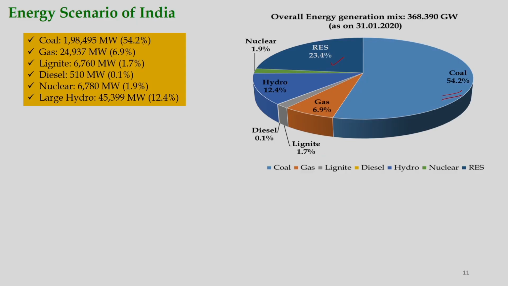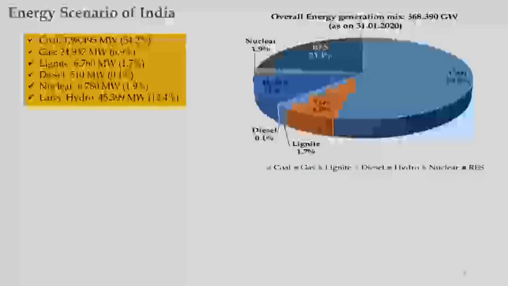This 54.2% is equivalent to about 200 gigawatt of energy, and gas contribution is about 25 gigawatt, then lignite coal is about 6 gigawatt, diesel is about 0.5 gigawatt, nuclear is about 6.7 gigawatt, then large hydro, which is not renewable, its contribution is about 12.4% and it is equivalent to about 45.3 gigawatt of energy received from large hydro power plants.